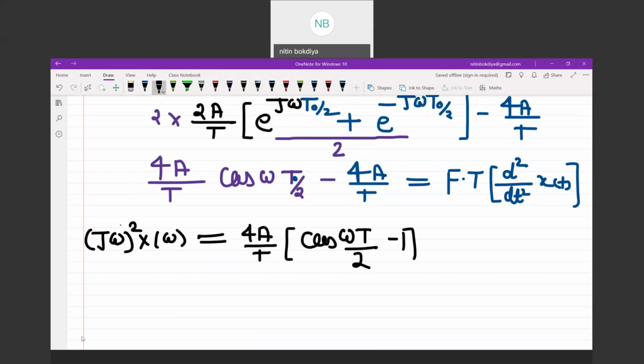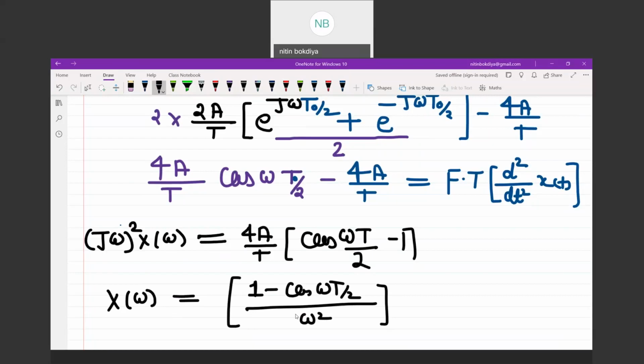You know that (iω)² is minus ω², so you can write X(ω) as 1 minus cos(ωt/2) divided by ω², multiplied by 4a/t.